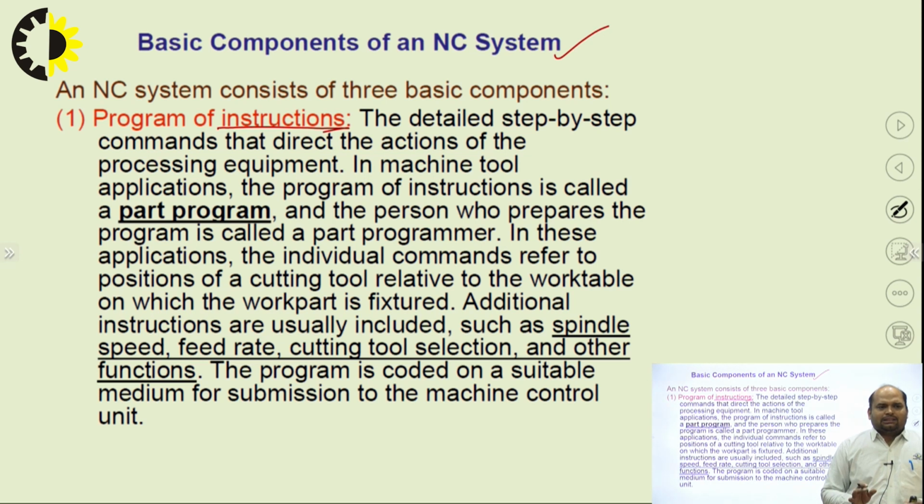In these applications, the individual commands refer to the position of the cutting tool relative to the work table on which the work part is fixed. Additional instructions are usually included, such as spindle speed, feed rate, cutting tool selection and other functions. These programs are coded on a suitable medium for submission to the machine control unit.